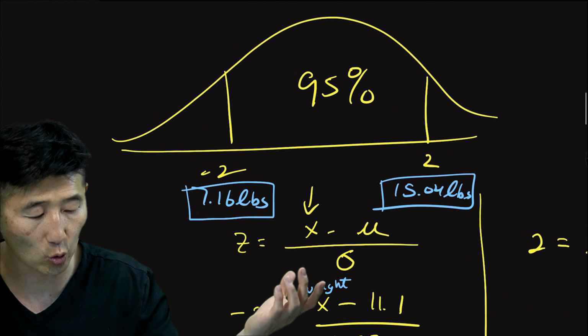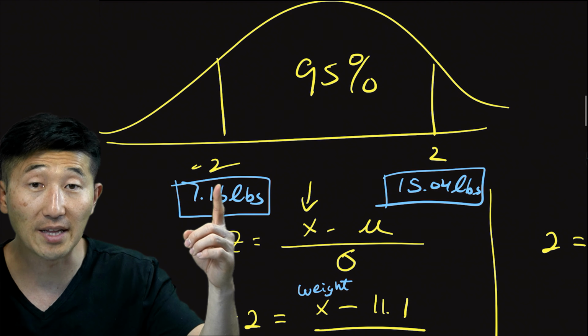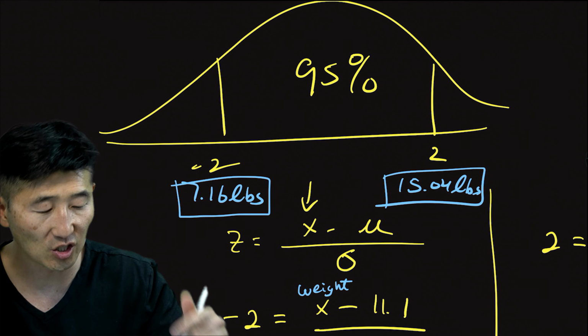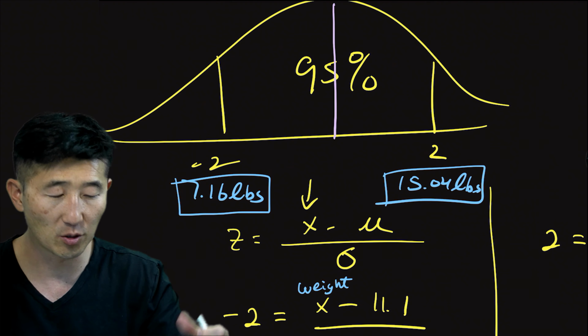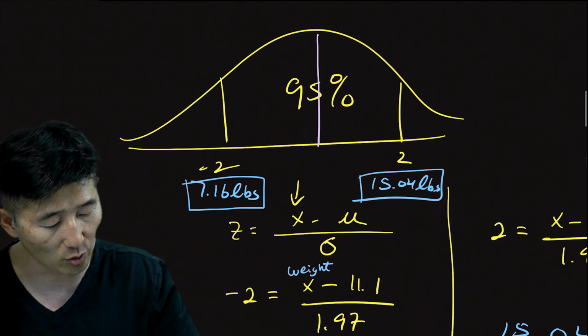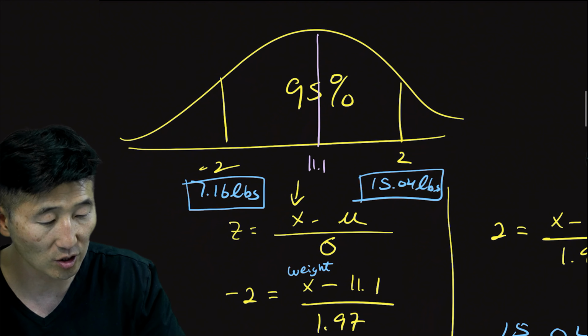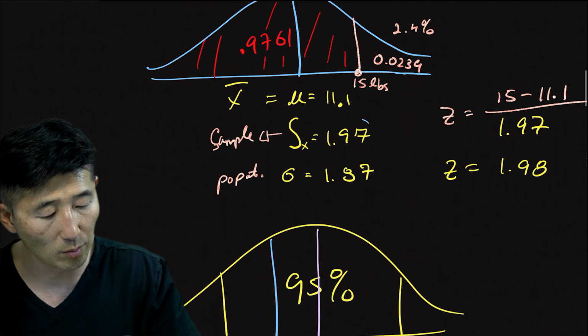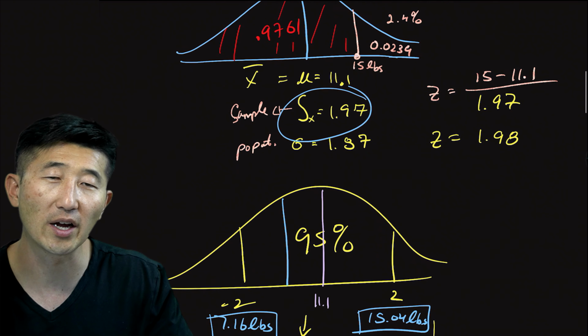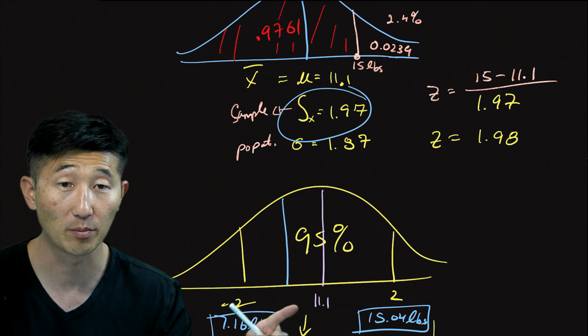Now there are 2 ways you can do this. We can use the equation. It just happens to be -2, so that's 2 standard deviations away. If the mean is 11.1 pounds and the standard deviation is 1.97, shouldn't we just subtract 1.97 twice from 11.1?